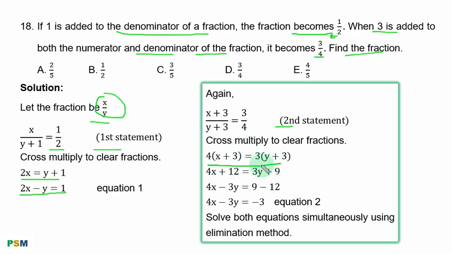If you open the brackets, you have this result. Transfer the variables to one side and the constants to the other side. You have it in this form. You have 4s minus 3y equal to minus 3. Equation 2. Solve both equations simultaneously using elimination method.